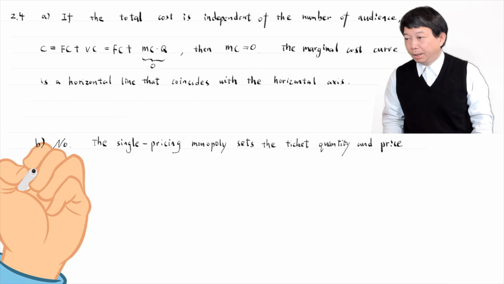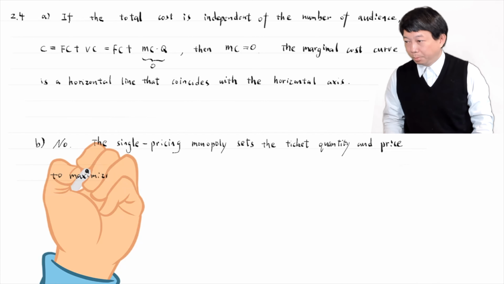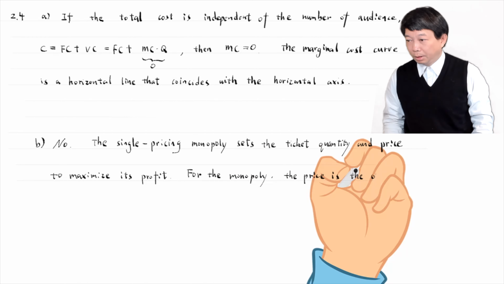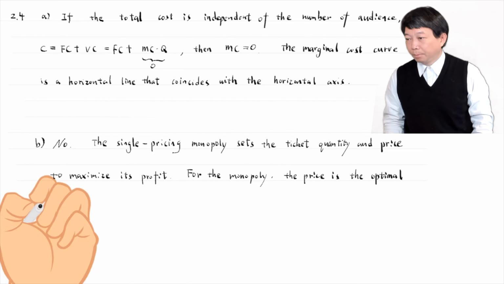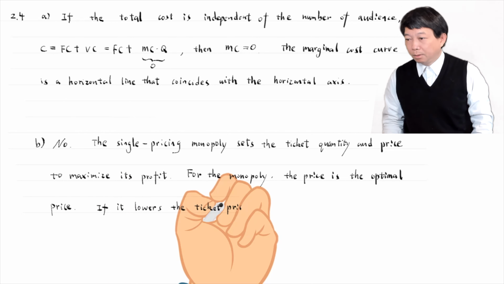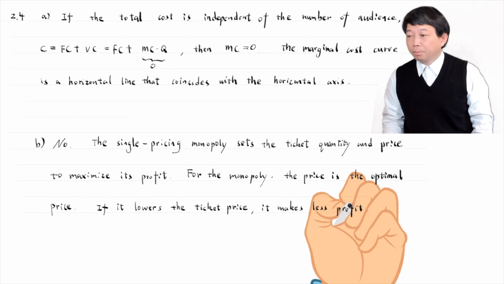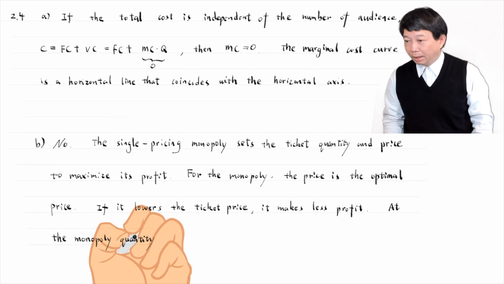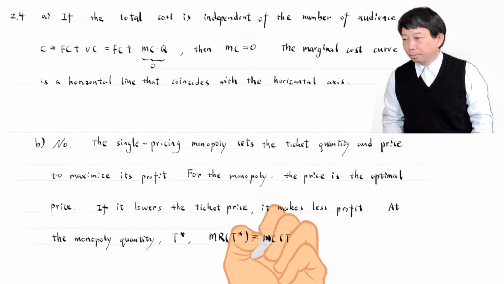For the monopoly, the price is the optimal price. If it lowers the ticket price, it makes less profit. At the monopoly quantity, T-star, marginal revenue equals marginal cost. T-star may be smaller than the total number of seats.